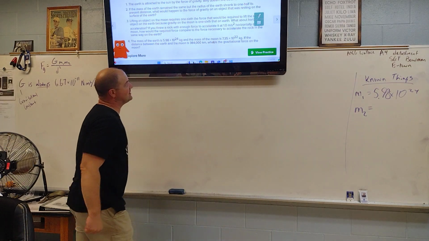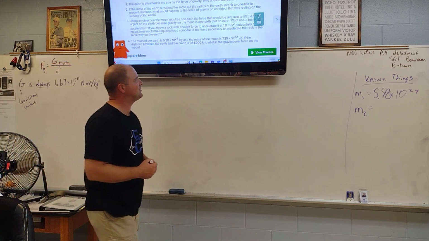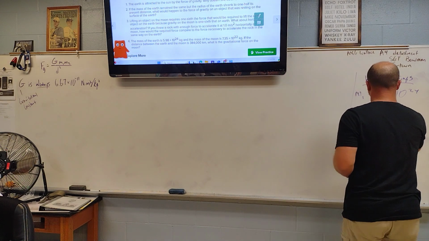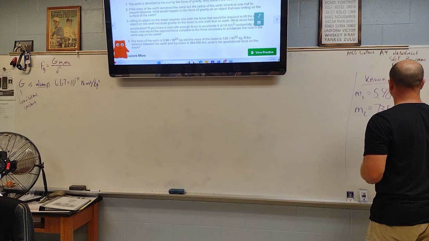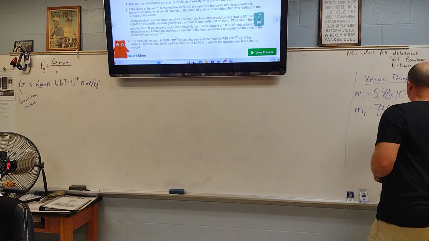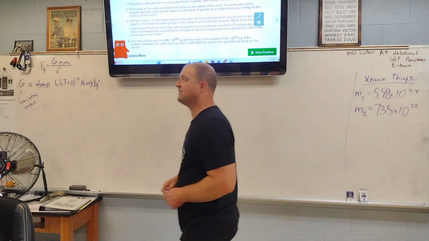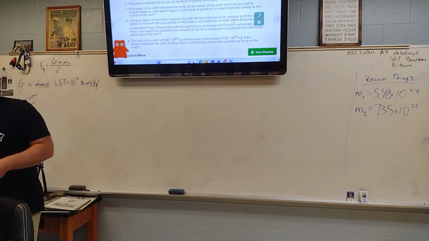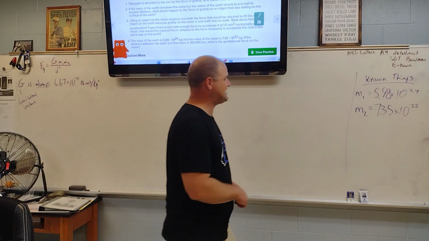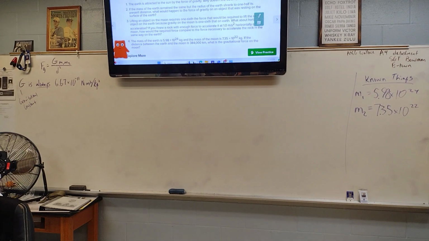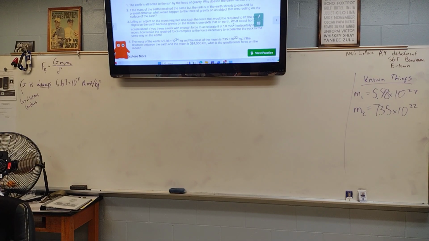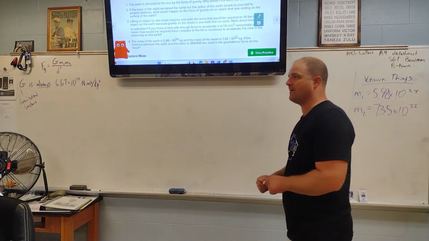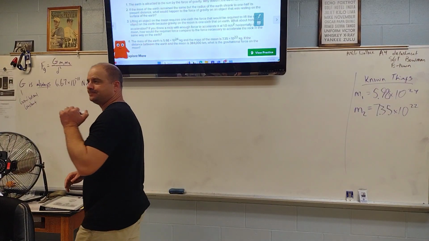Mass of the moon is 7.35 times 10 to the 22nd. Second known thing. Yes? What did you say the first one was? 5.98 times 10 to the 24th power. Correct.